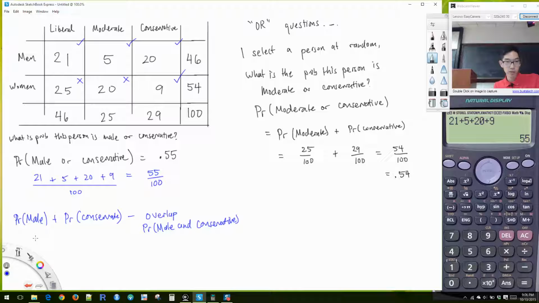So I would have 0.46 plus 0.29 minus the overlap, which would be 0.20. I went straight to the decimals, but I could do it in fractions. Is this okay? This would also give me 0.55.